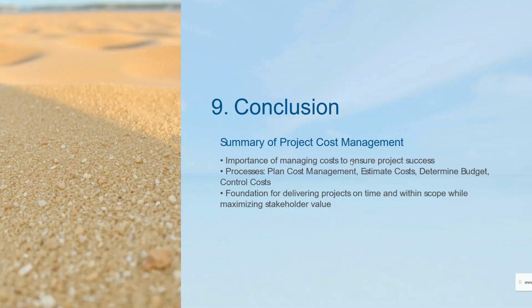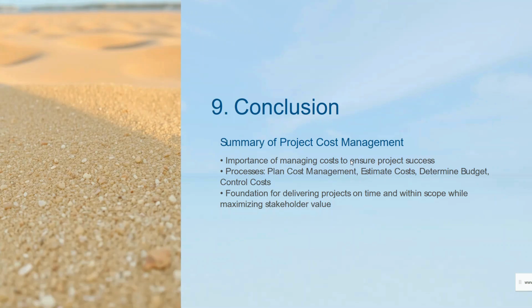By following the processes of plan cost management, estimate cost, determine budget, and control cost, project managers can effectively manage project finance to ensure resources are used efficiently and to prevent the cost overruns.